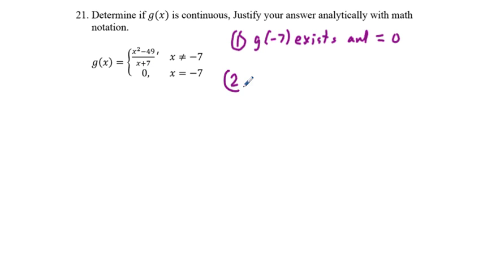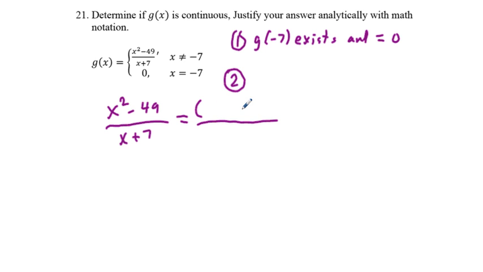2. Okay, we want to find whether the limit exists. If we take this x squared minus 49 over x plus 7, we can rewrite it as a difference of squares: x plus 7 times x minus 7, over x plus 7. With the cancellation, we have x minus 7.